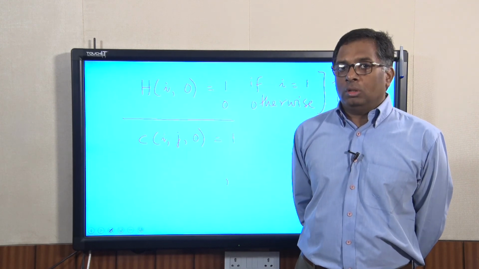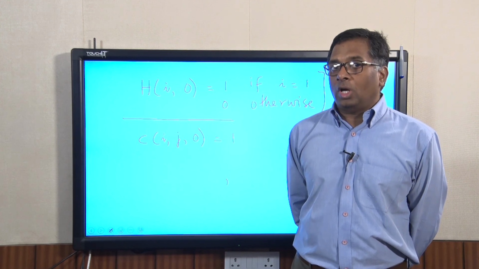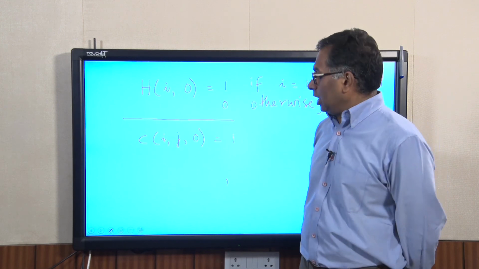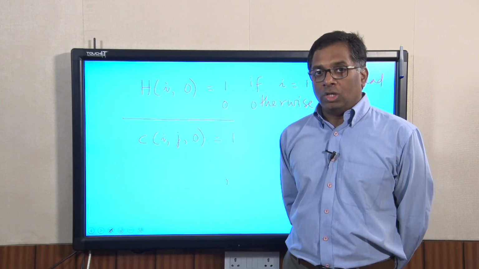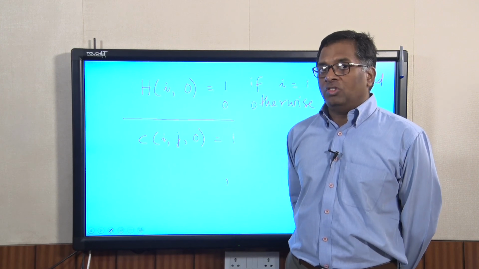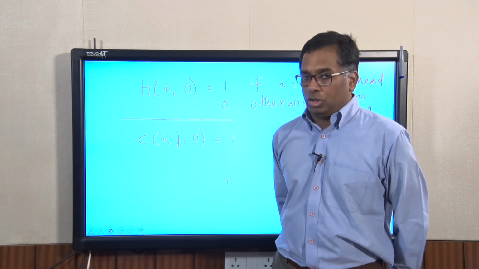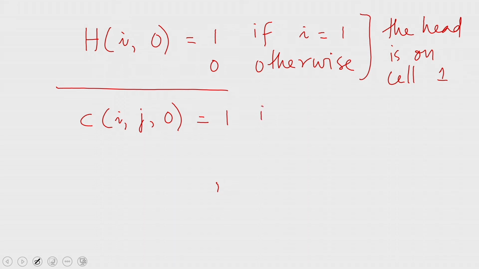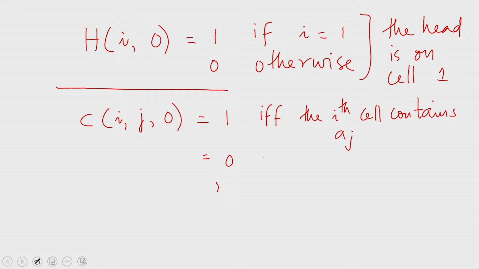At the beginning, which cell contains what is decided by the input. Therefore, cell i will contain a j precisely if the ith symbol of the input happens to be a j. So, this is 1 if and only if the ith cell contains a j, and 0 otherwise.